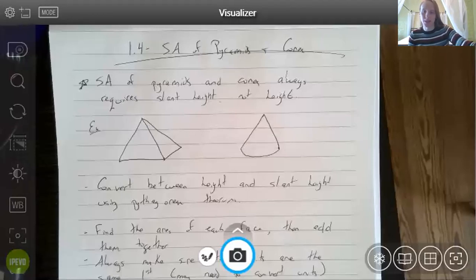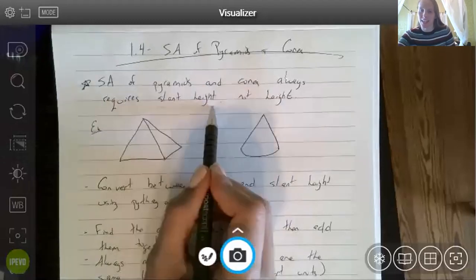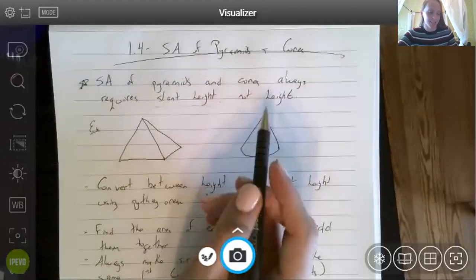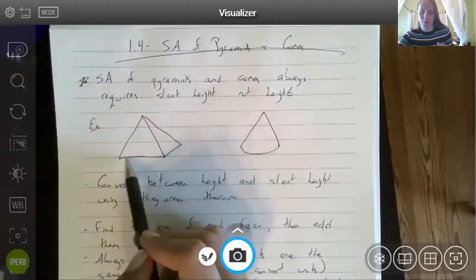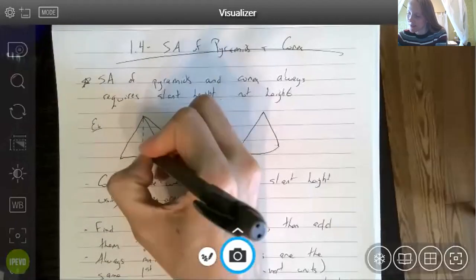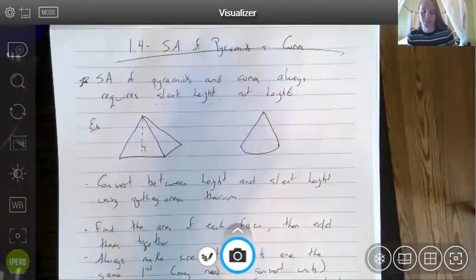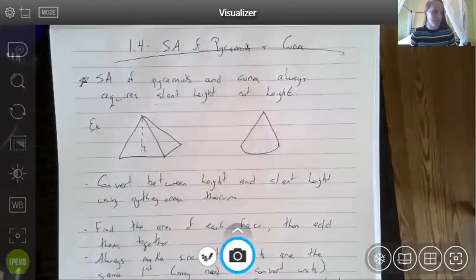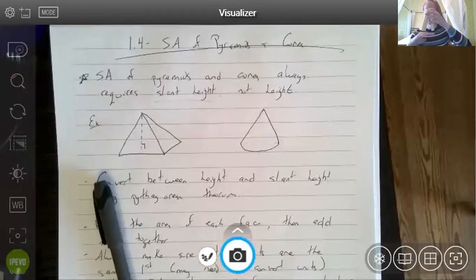It is important to note that when we're doing the surface area of pyramids and cones, you always need slant height, not height. What that means is if I have a pyramid like this, the height would be inside the shape, coming straight down out of the center to the base.